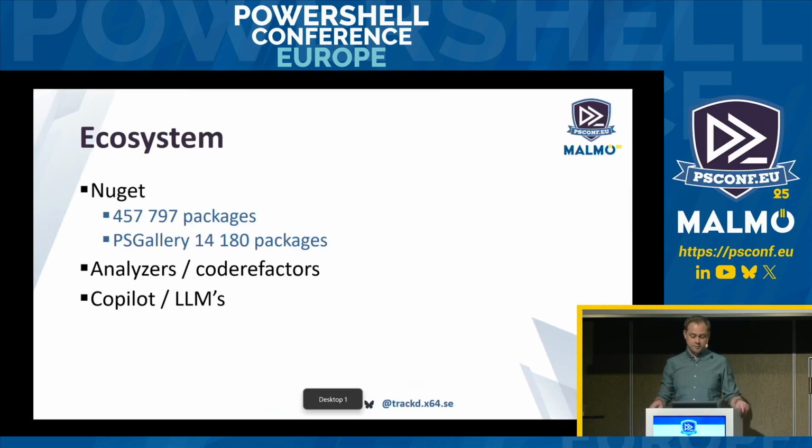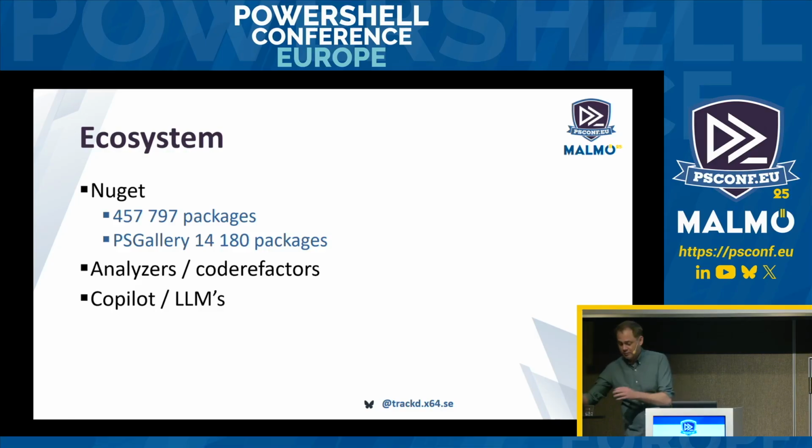Okay, 13 minutes. Sorry. The ecosystem around C# is very, very different from PowerShell. NuGet is the PowerShell Gallery for C#, and it is very, very big. There are almost 500,000 packages there, against the PowerShell Gallery with 14,000 packages.